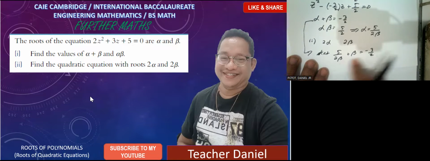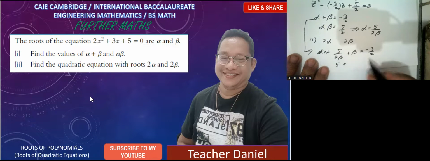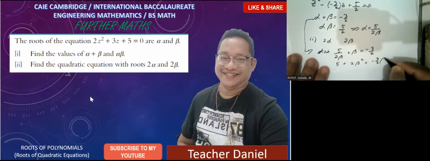We multiply by 2 beta to remove the fraction, so that is 5 plus 2 beta squared equal to negative 3 over 2 beta.